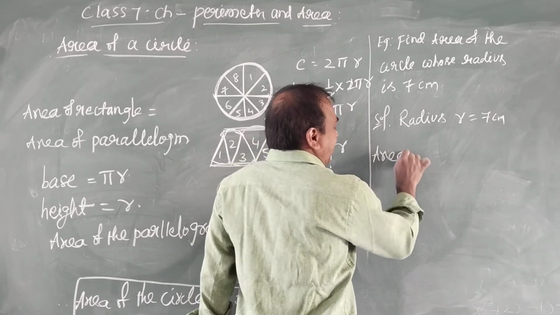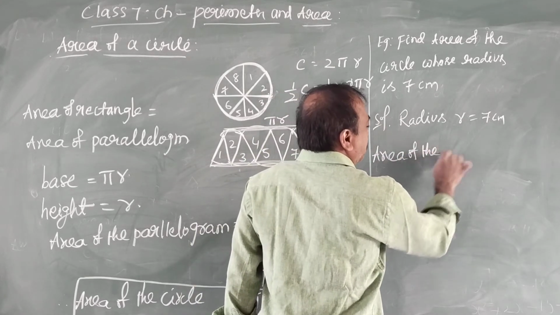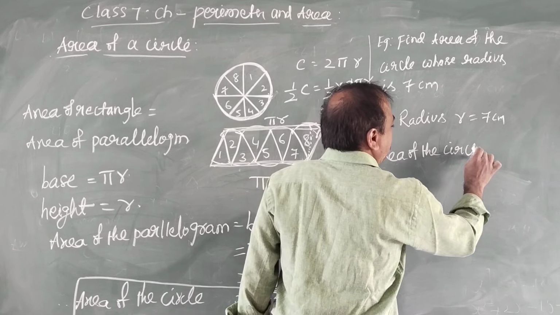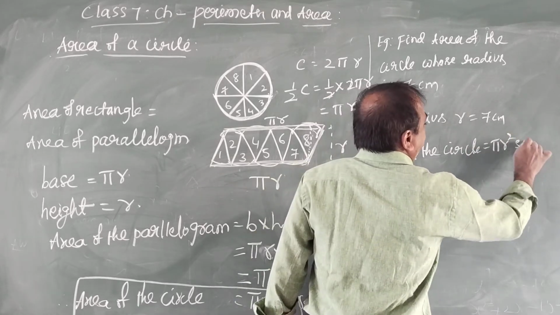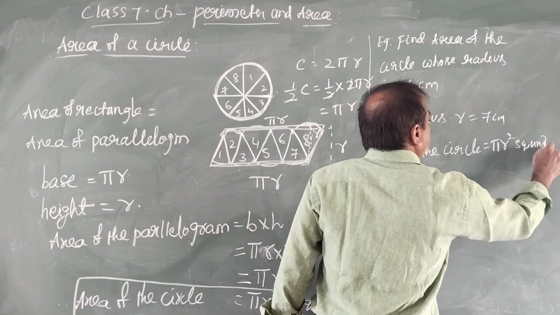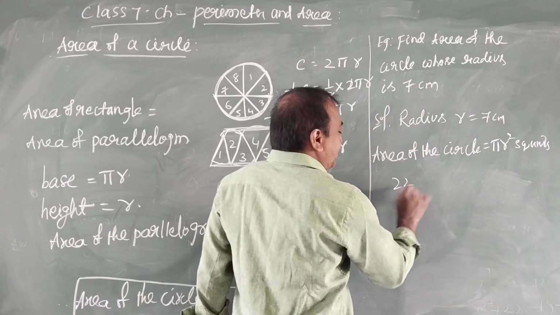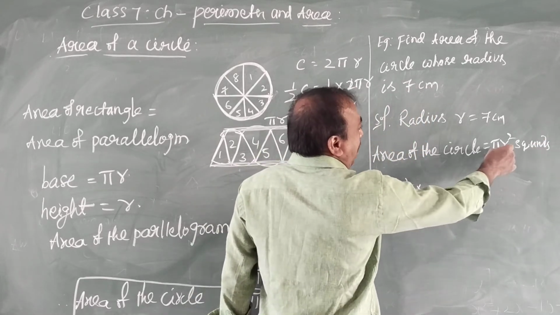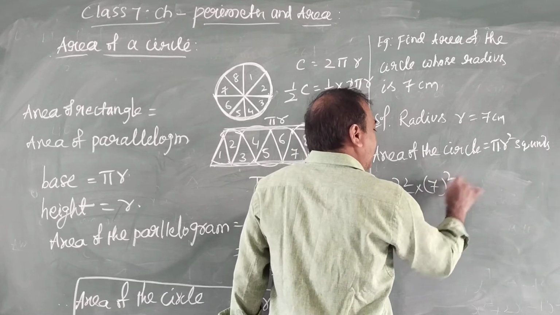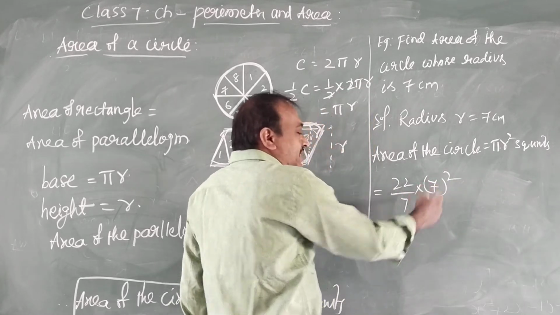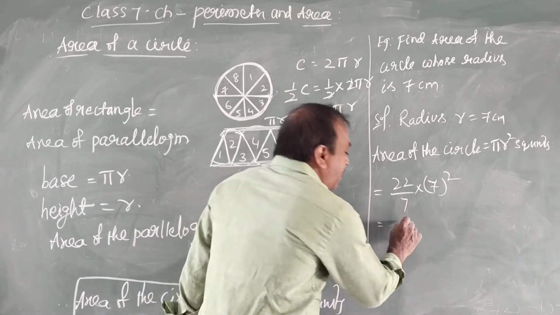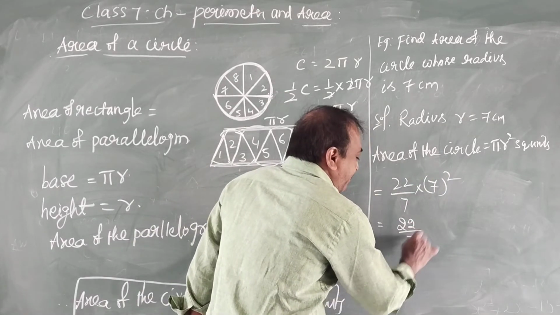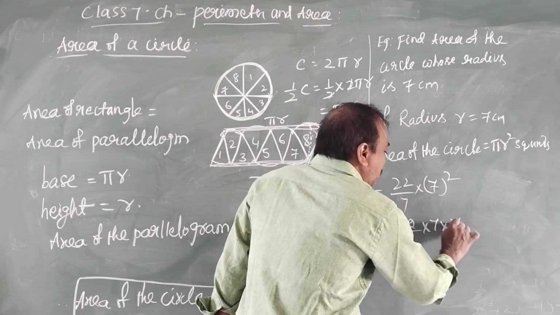Area of the circle is pi r square units. So 22 by 7 into r square, means 7 square. You see, 7 square means not 7 into 2, that is 7 into 7. So 22 by 7 into 7 into 7.